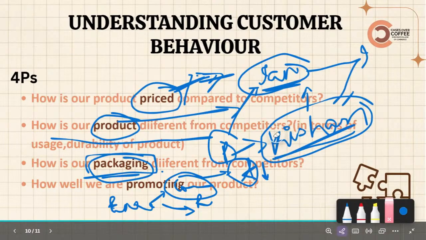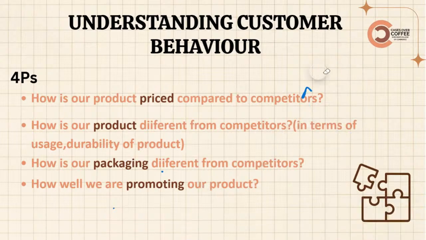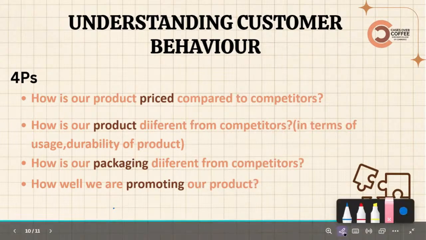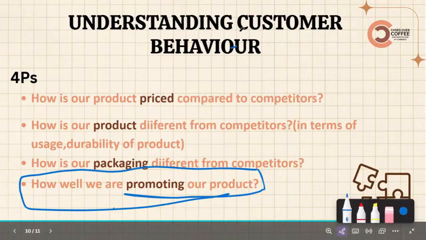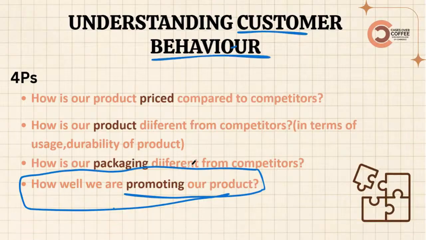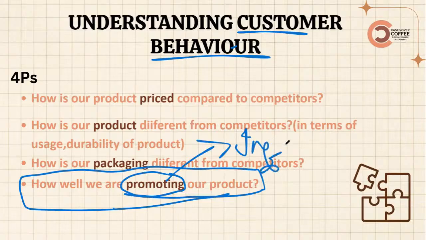Then moving forward to the promotion. How the competitors and we are promoting our product actually makes a difference to customer buying behavior. Let's say our client is primarily focusing on influencer marketing or TV and so on and so forth.